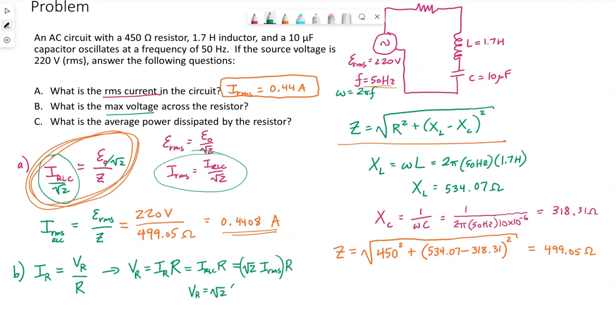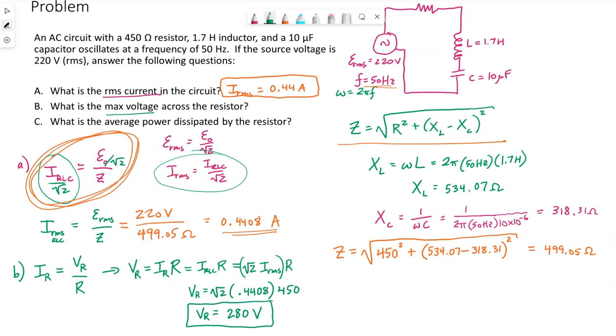So square root of 2 times this 0.4408 times the resistor specifically, the 450 ohms. I'm getting, to 2 sig figs, 280 volts.